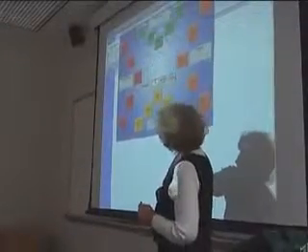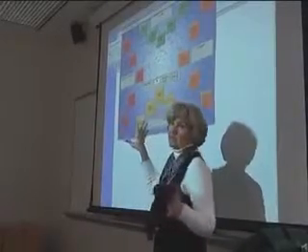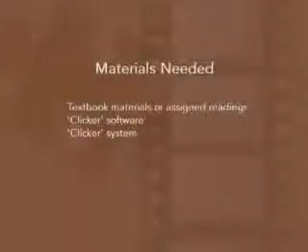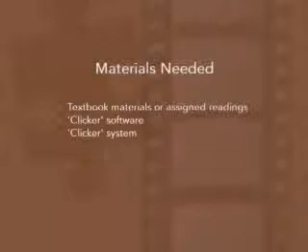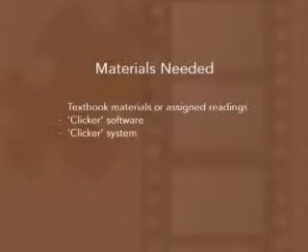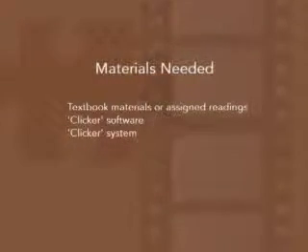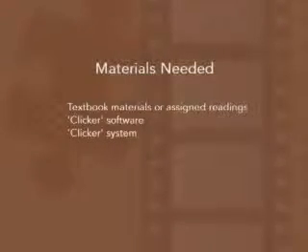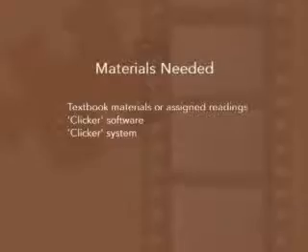The instructor creates questions at different levels of difficulty in each of the 4 theories, and then you assign different point values to the different theories. The materials you need are textbook materials or assigned readings, and some sort of software system where you are able to program your clickers. And then of course you do need the remote control clickers.